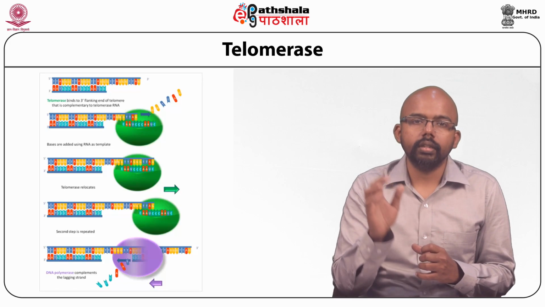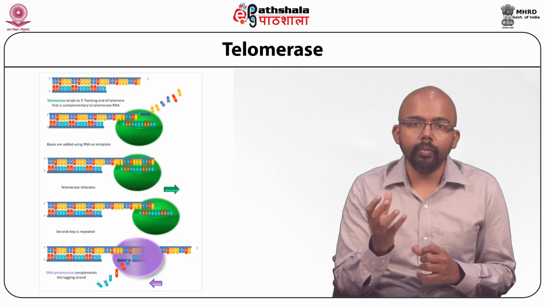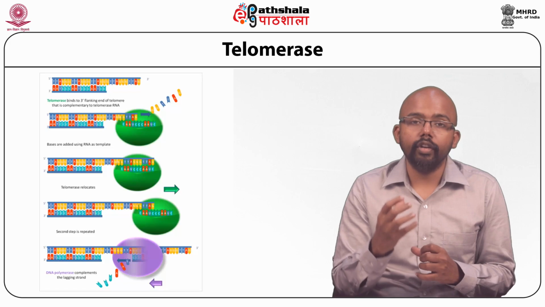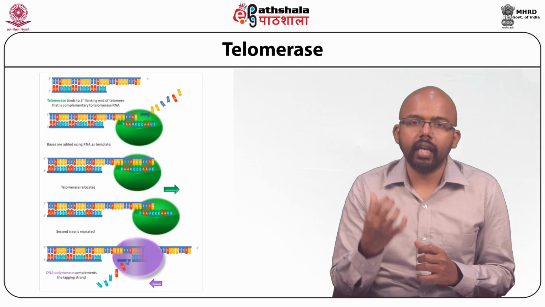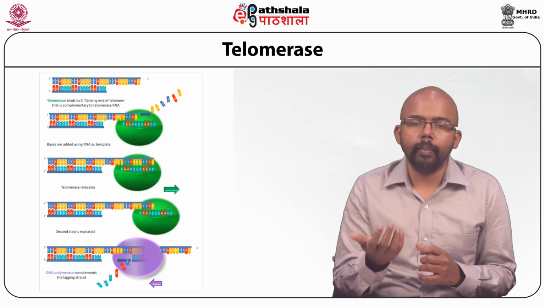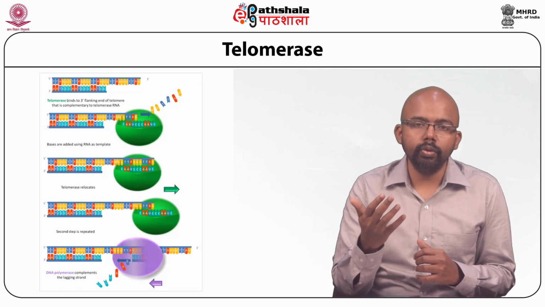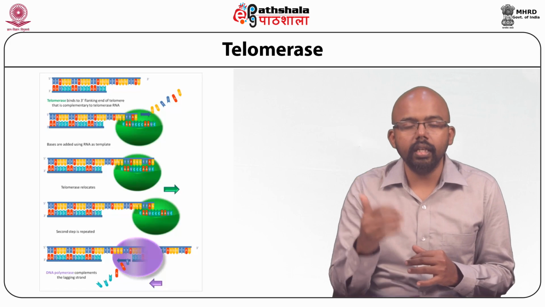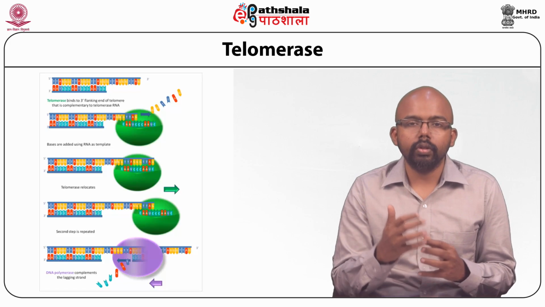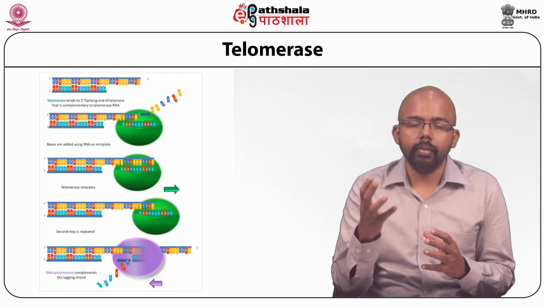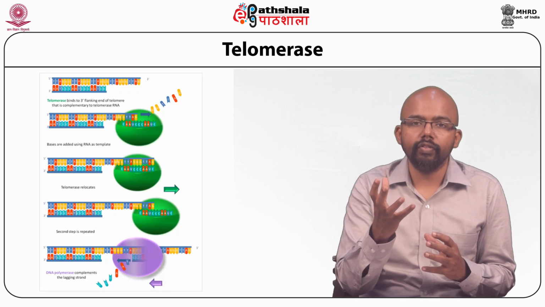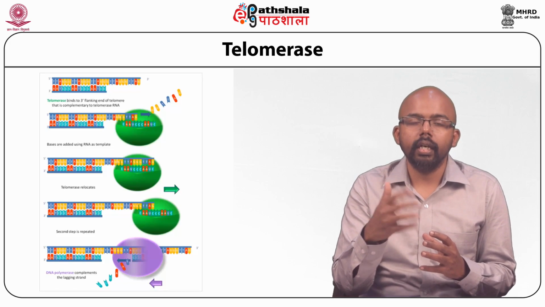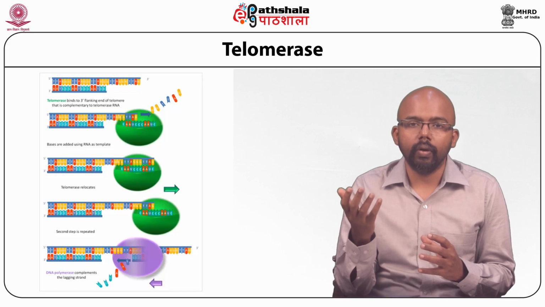Now, how does the telomerase work? Telomerase is a kind of reverse transcriptase which carries its own template. This template is usually complementary to the sequences present at the end of the chromosome. So, the telomerase enzyme finds the end of the chromosome, binds to it and starts adding nucleotides.